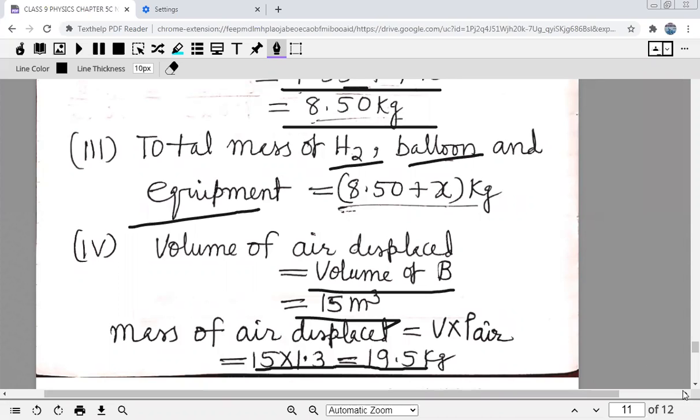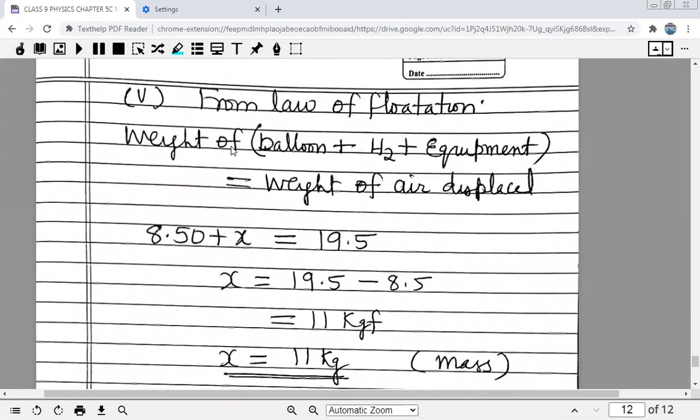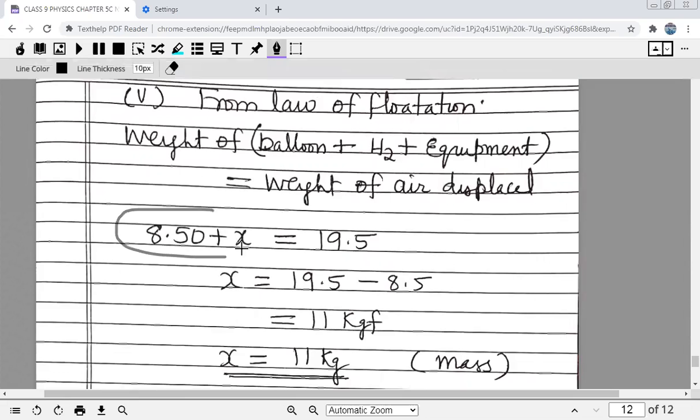Now you apply the law of flotation. Weight of balloon plus hydrogen plus equipment equals weight of air displaced. That is 8.50 plus x equals 19.5. So what is x? 19.5 minus 8.5, that is 11 kg. So what is the mass of equipment? 11 kg. This is the mass of equipment.